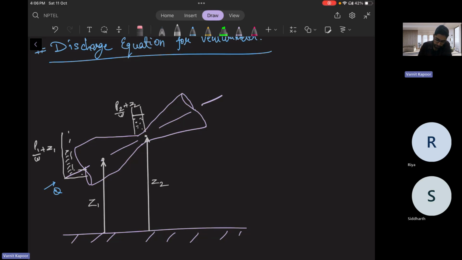This head should be much bigger compared to the other, because pressure will be high at this position. The difference between this level and this level is your head difference. The flow rate is Q only, outside also it is Q. The flow is going like this.